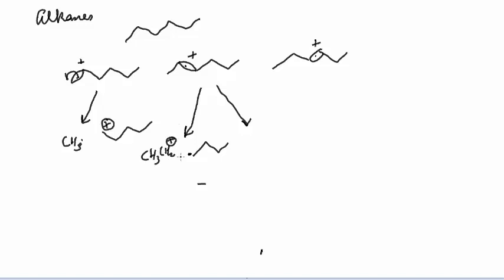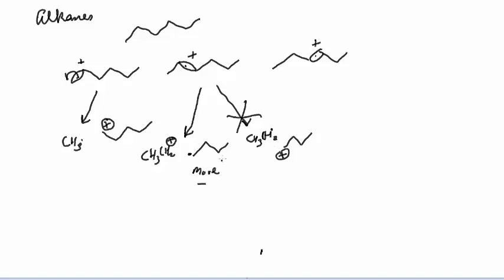Now that's actually the better result. If the odd electron here shifted in the other direction to produce a 2-carbon, an ethyl radical, well, let's look at that, an ethyl radical, and a 4-carbon primary cation, this is not as good a result because the 4-carbon radical is more stable than the 2-carbon radical.